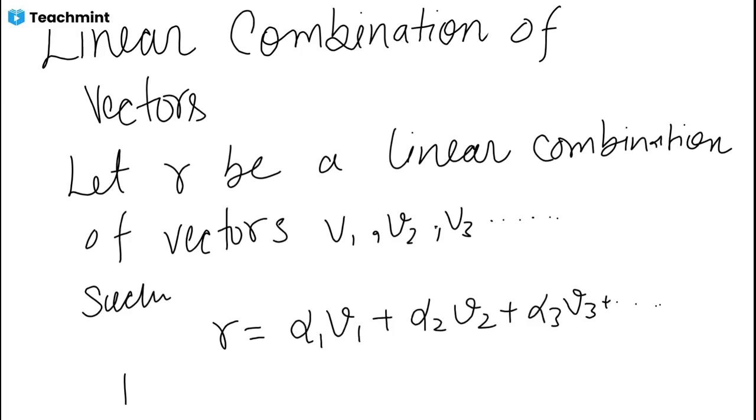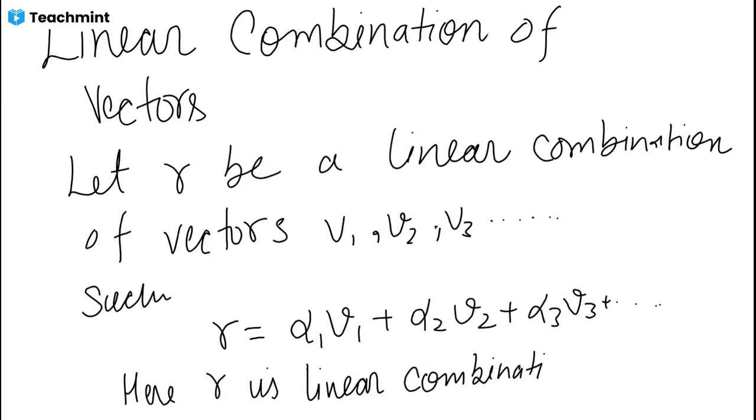Here R is a linear combination of vectors v1, v2, v3 and so on, where alpha 1, alpha 2, alpha 3 and so on are scalars.